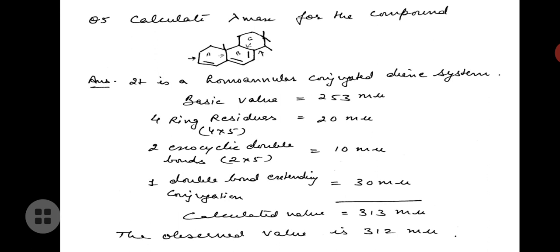So these are the two exocyclic double bonds. For each double bond, the value is 5. So it becomes 2 into 5, that is 10. Now you can see there is one double bond extending conjugation in ring A. For one double bond extending conjugation, the value is 30 millimicron. So here the calculated value comes out to be 313 millimicron, and the observed value is 312 millimicron.